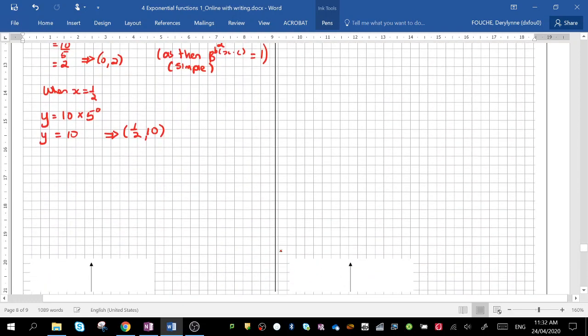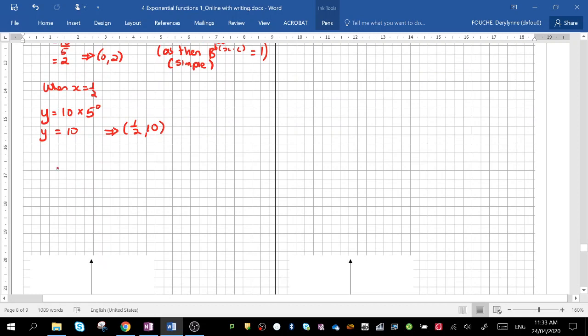Okay, let's think about the range of this graph. We know it is not reflected about the x-axis. We know it's not reflected about the y-axis. Remember, the range is about for what y values is this thing valid. And we know that my asymptote is at y equals 0.